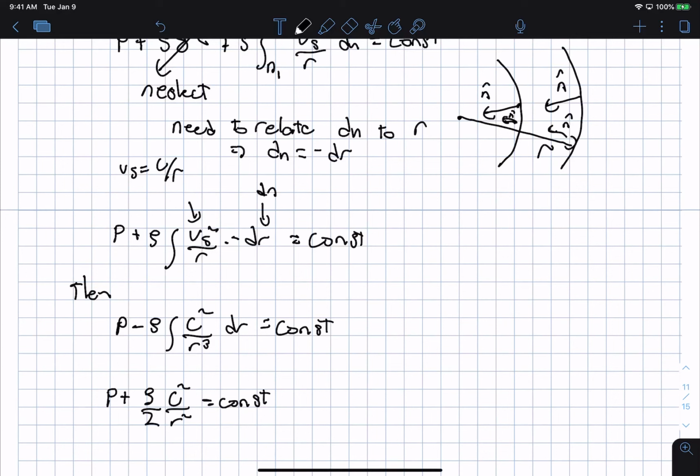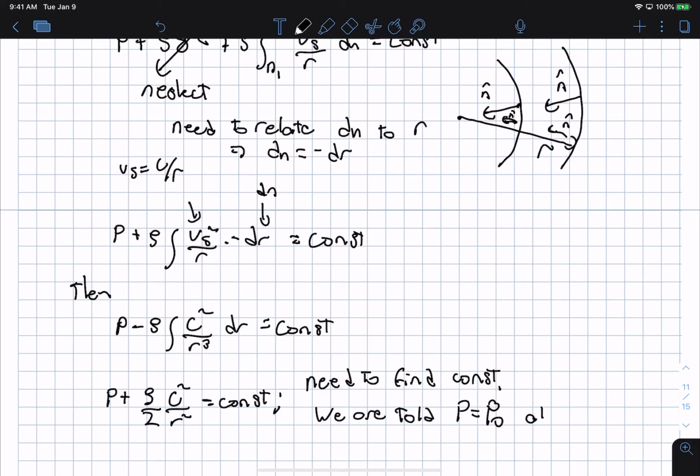Okay, so now we need to find that constant. We are told that P equals P naught at R equals some R naught. Notice we can't take R going to exactly 0 because it becomes singular there.